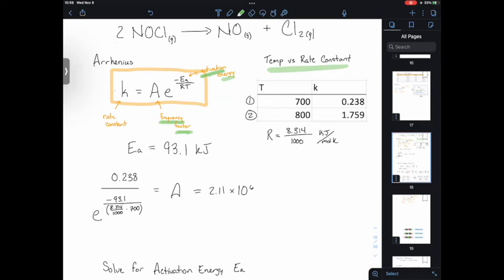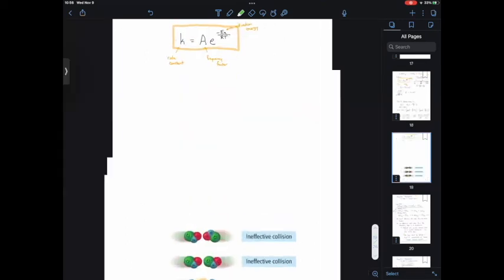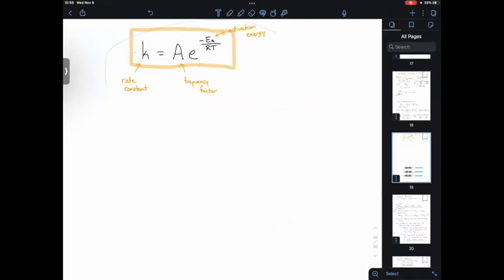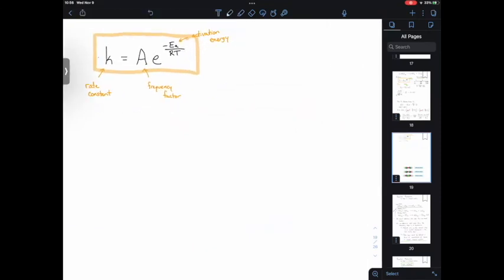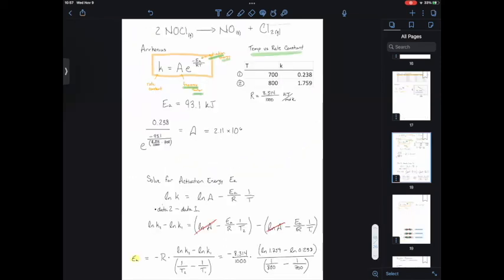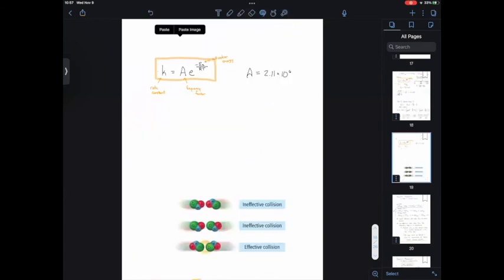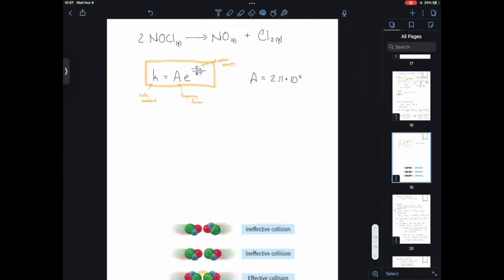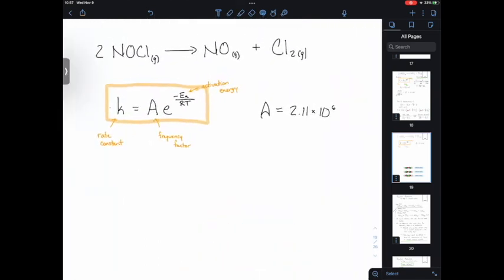All right, so let's talk a little bit more about this frequency factor. For A, we said it was 2.11 times 10 to the 6th for this particular reaction. Let's again take our reaction that we're talking about here. We talked about how the activation energy was the height of the barrier on our reaction coordinate diagram. Now, what can we learn about a reaction from the value of A?